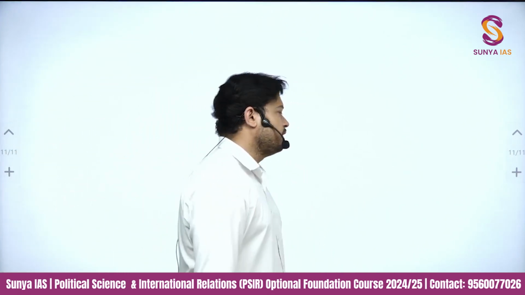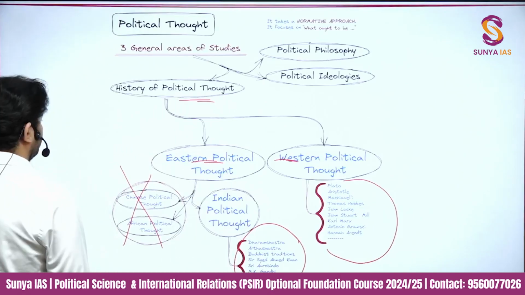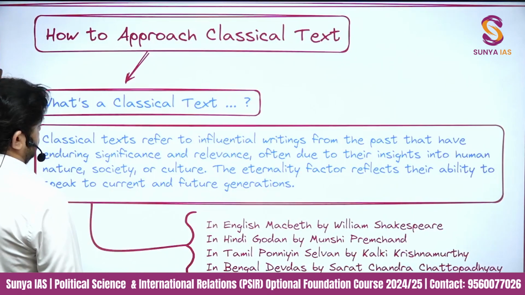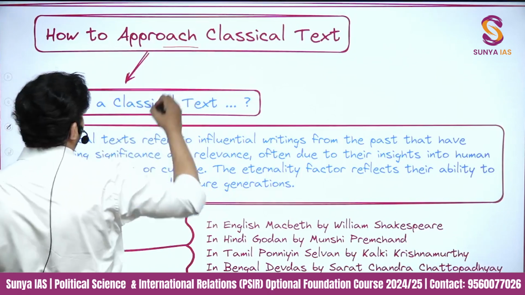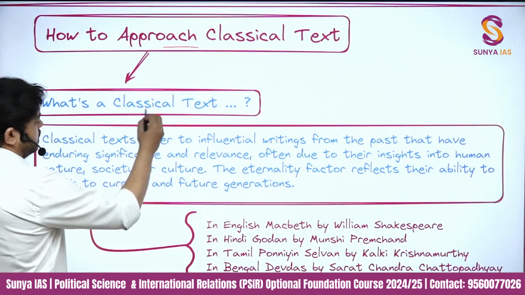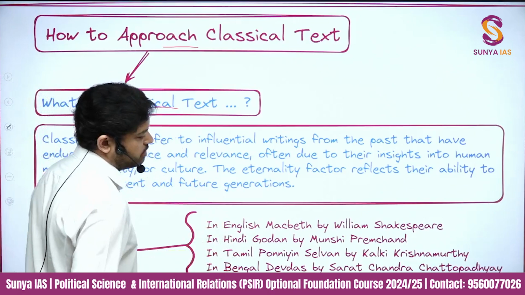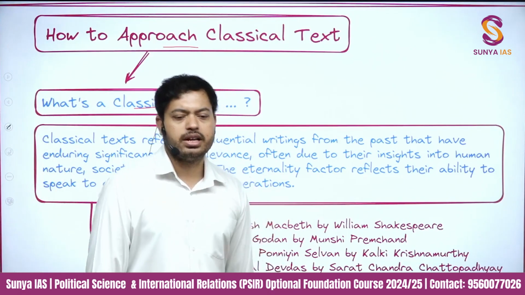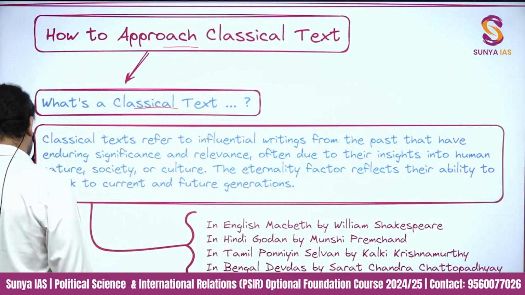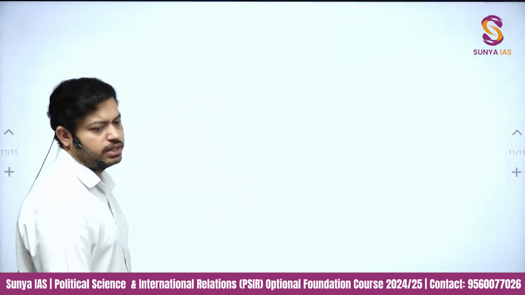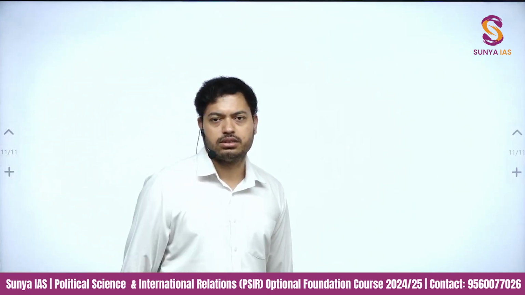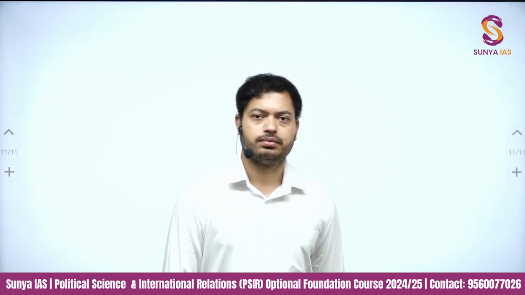What are the different approaches? Okay, this is something we have done now. This is how to approach a classical text. What is a classical text? And there are certain examples of the classical text written. Now let's move and discuss about what are the different approaches to read classical text. कैसे पढ़ेंगे भाई?